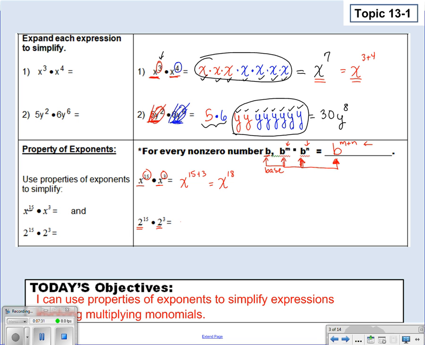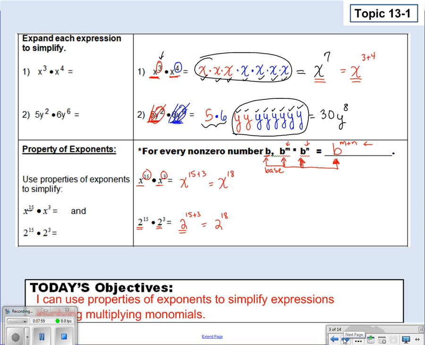So that means my answer must be a 2, but I'm going to now raise it to the power of 15 plus 3, or 2 raised to the power of 18. And so we have simplified those monomials, multiplying those monomials using our properties of exponents. Properties of exponents here means if I'm multiplying with the same base, then I can add their exponents.